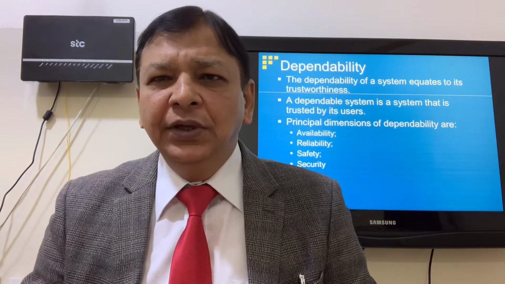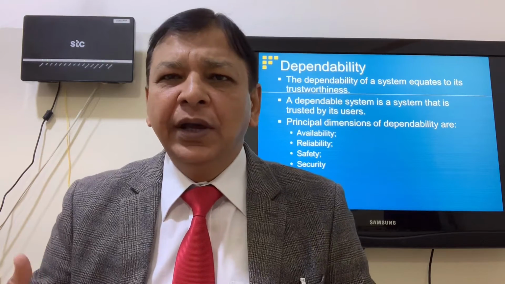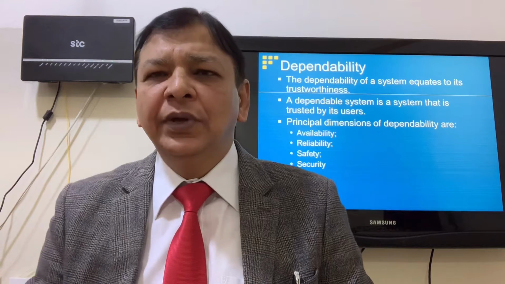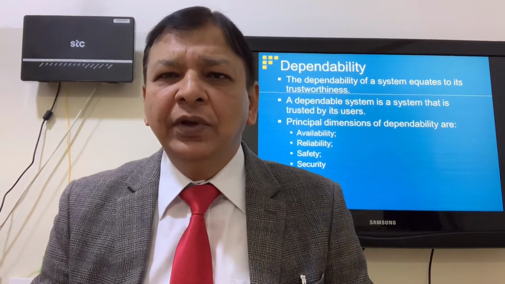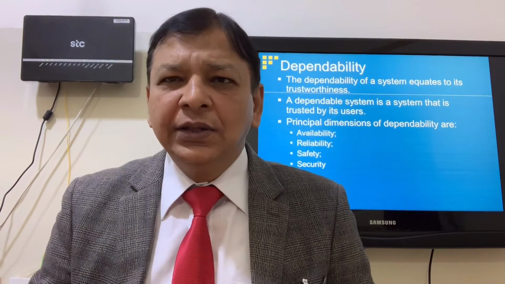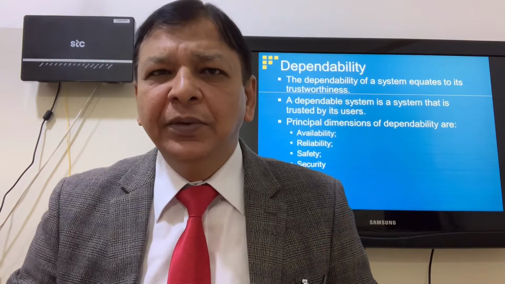Security. So safety is regarding the risks that are related to human life, whereas security is for data theft, that we have considered the security and we have implemented the security technology, that who are the users, what are the ranges of accessibility, what kind of security technology we have implemented.